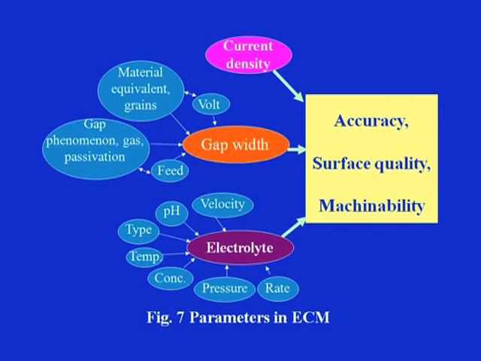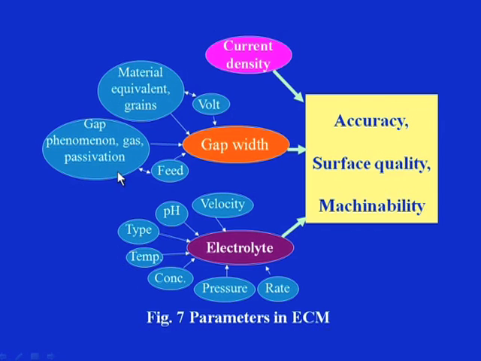This is a schematic of the different parameters that affect the accuracy and surface quality in ECM. These are mostly the current density, then the gap width, which is again affected by the voltage as well as the feed rate, the material equivalent of grains, then the gap phenomena like gases evolved, and then passivation of course.